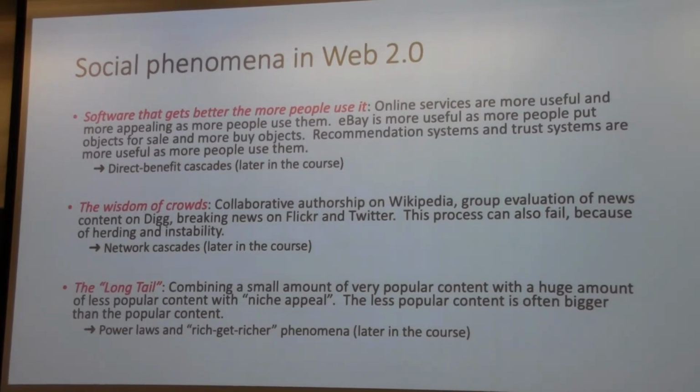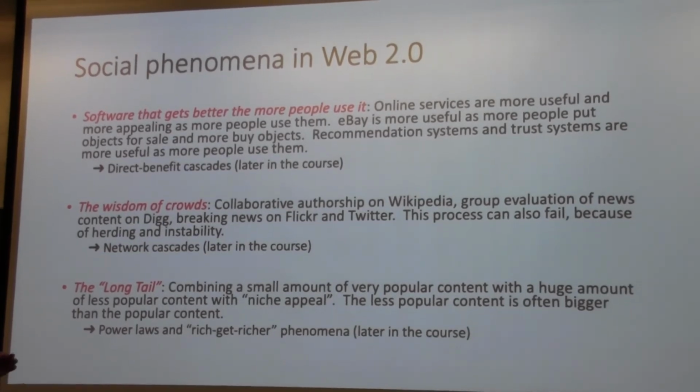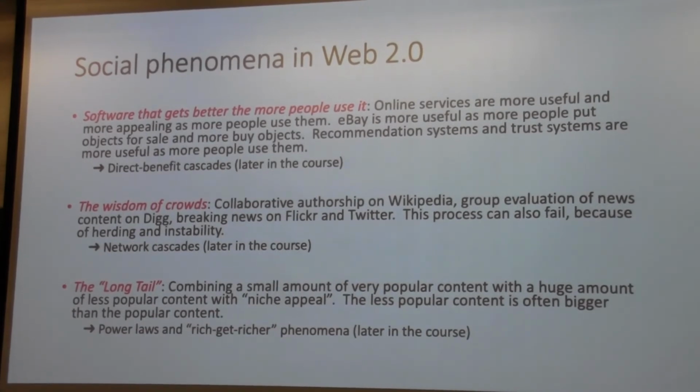So Amazon has millions of items for sale, but most of those are very unpopular. Almost nobody buys them. But all together, they are extremely popular, and it's the reason why people go to Amazon, because of all that unpopular stuff.